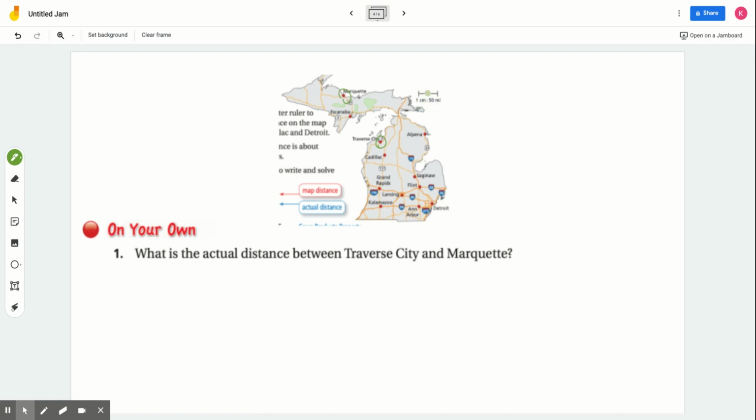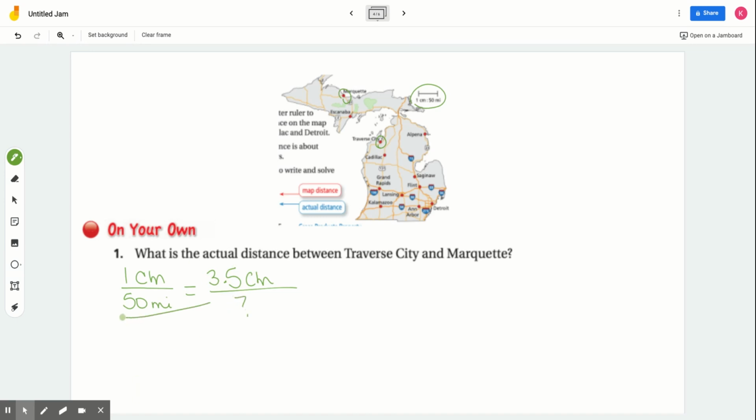So we know that the scale is 1 centimeter to 50 miles. When we measure the distance between these two cities in the state, we find that it is 3.5 centimeters apart on our map. So how many miles away is that?